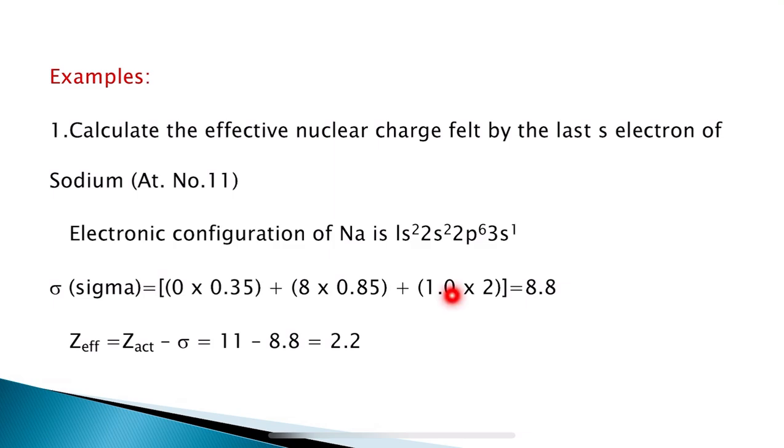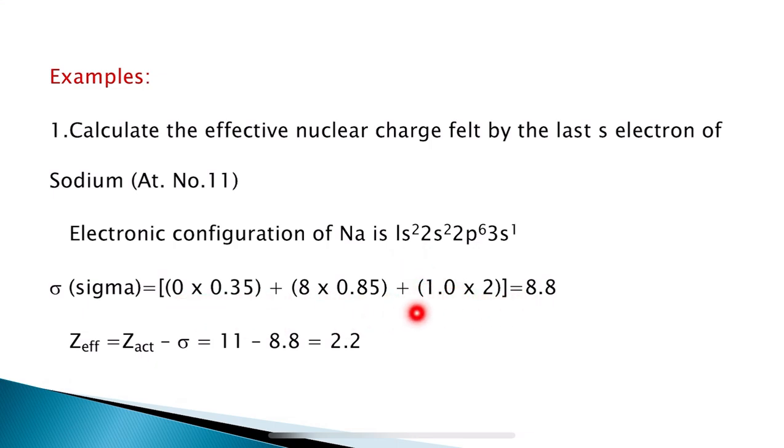The 1s2 electrons are the inner shell electrons with respect to this 3s1 electron, so 2 electrons are present, and that gives 1 into 2.